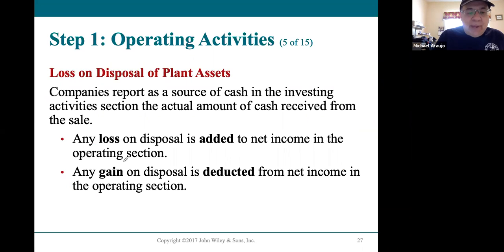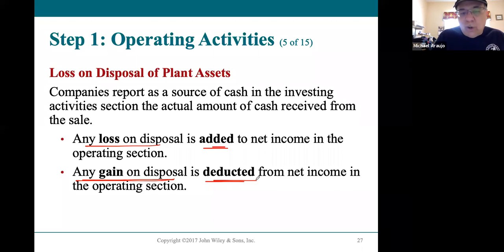The second thing we have to do is reverse any losses and gains. If we had a loss, we subtracted it from our income statement, well, we need to add it back. If we had a gain, we added it to our income statement, well, we're going to take it out.